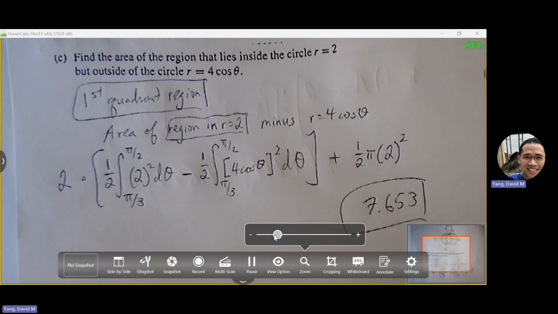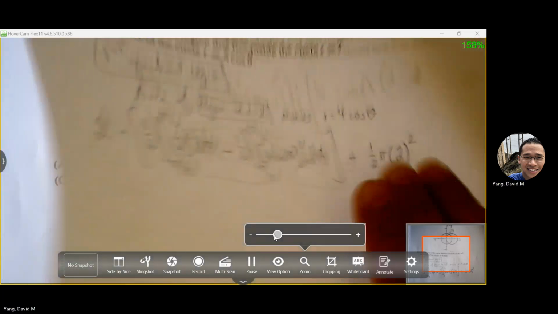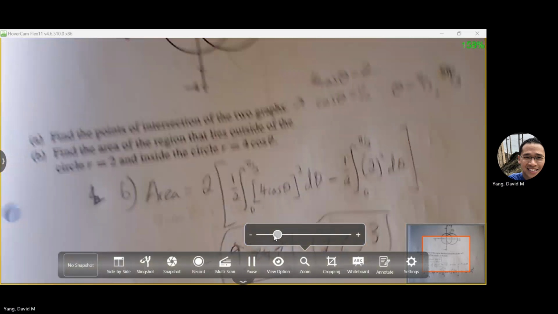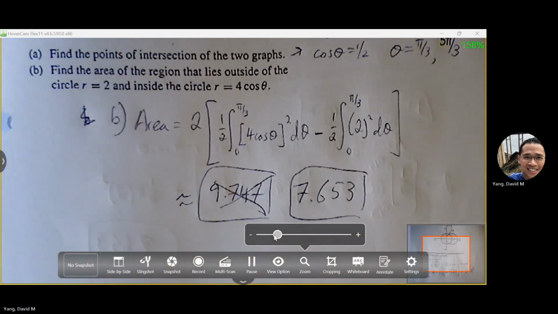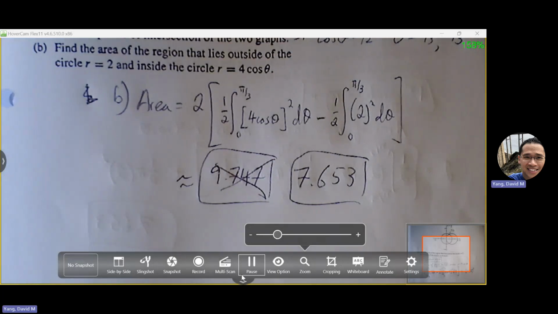Oh, you got a negative number? Yeah, I did it wrong, but I was just wondering why it doesn't work the same way we did for the other one. When I say something wrong, yeah, go ahead.